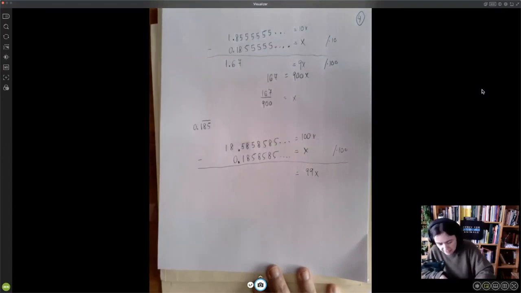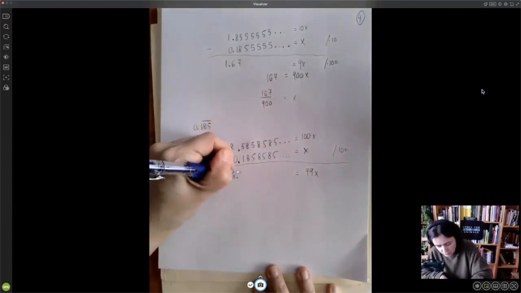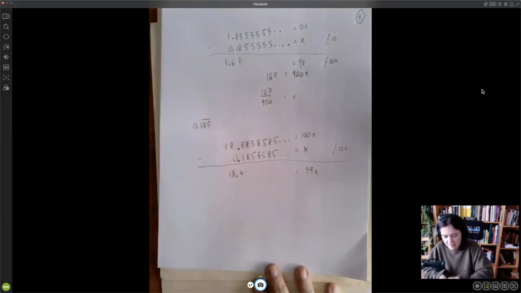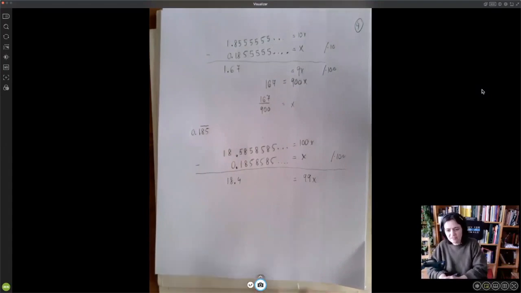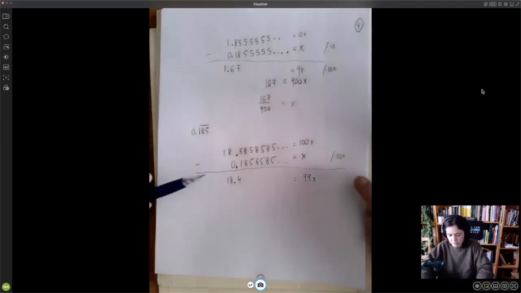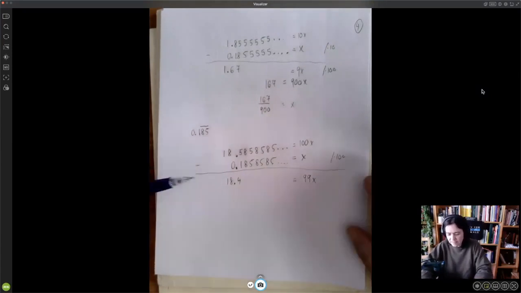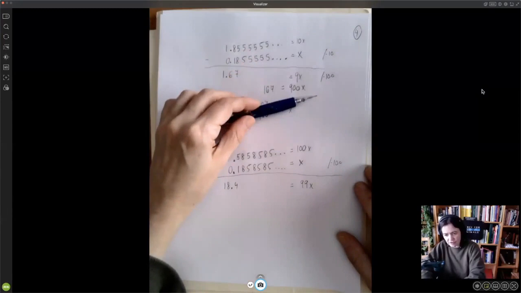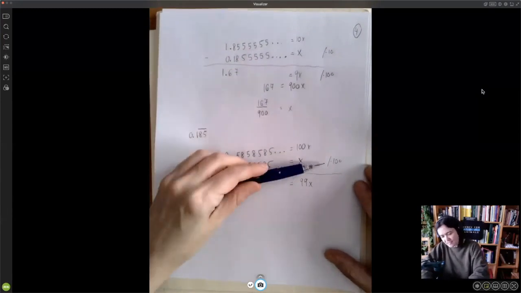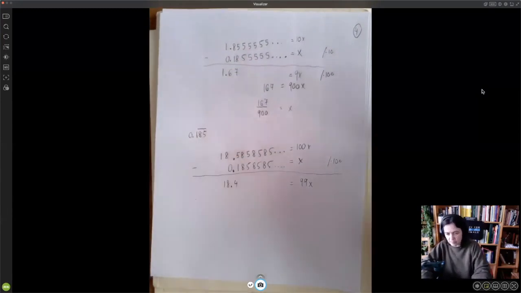So we have 18.4. And again, we didn't get an integer, but as long as we got the terminating decimal, it's an easy fix. We just fix this by multiplying both sides by another suitable 10 power. And they're completely independent. Here it was a 10 first and 100. In this one, first 100 and now 10. But that's completely unpredictable.